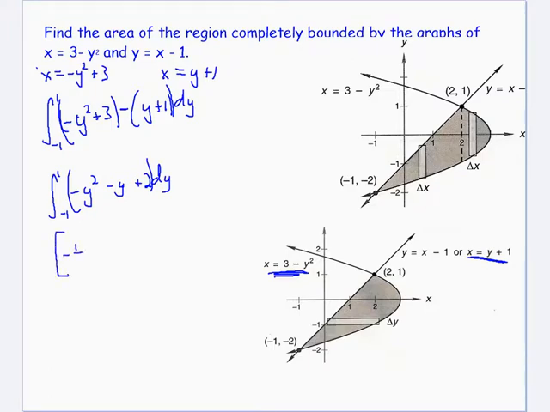So this is -1/3 y cubed minus 1/2 y squared plus 2y, all evaluated from -1 to 1. This isn't a lesson on integrating, so we should know how to find this integration as you plug in -1 and 1. If you work through all of that, you end up getting 9/2.